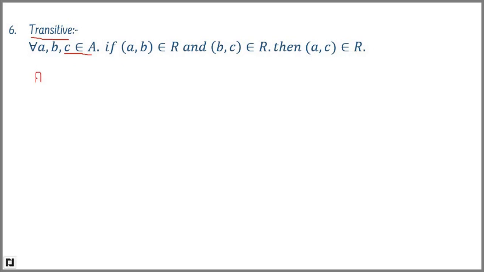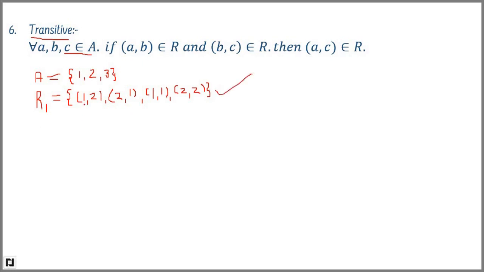If we have a set A which contains elements 1, 2 and 3, and we have relation R1 which contains pairs (1,2), (2,1), (1,1) and (2,2), then this relation is a transitive relation.